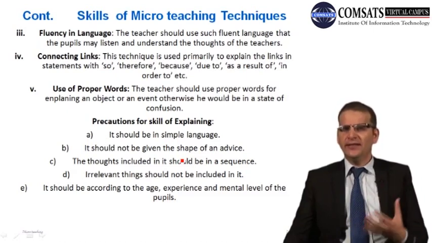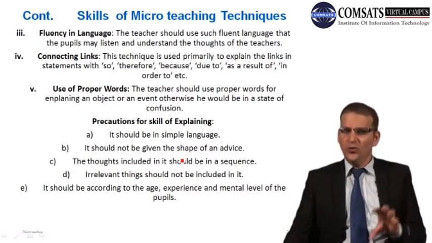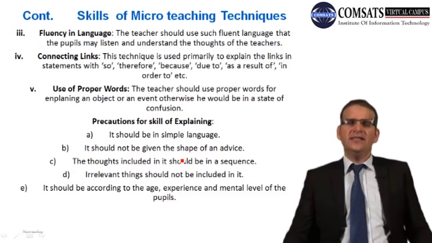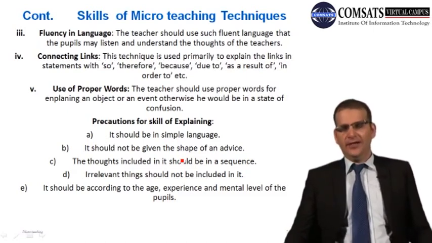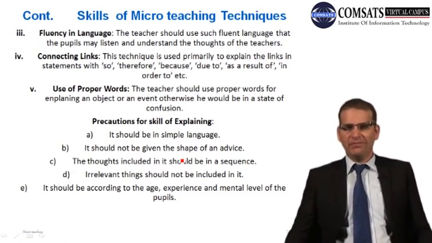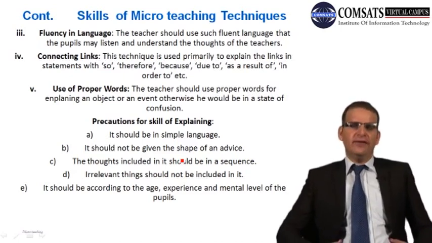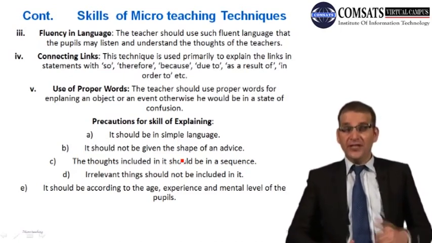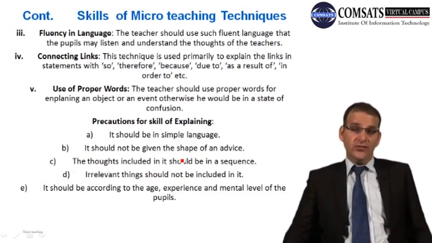You take it for granted that yes, they are adult students, they know it. For example, teaching at the master's level and teaching at the intermediate level. You see, when you teach language to students having matric qualification, students having inter qualification, or students having bachelor qualification, yes, there would be a difference.